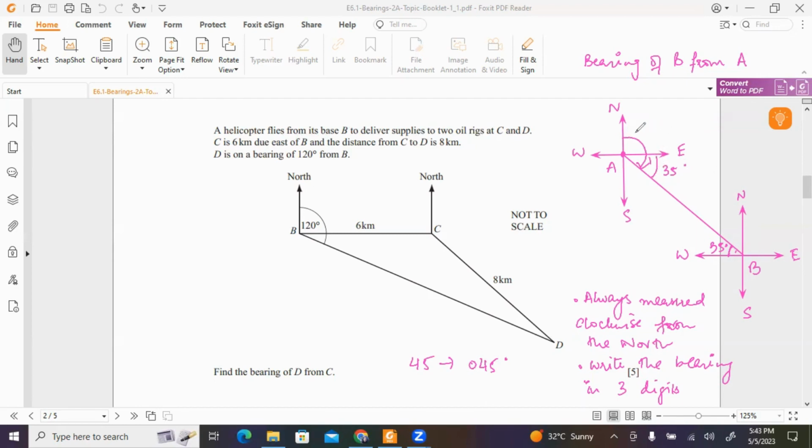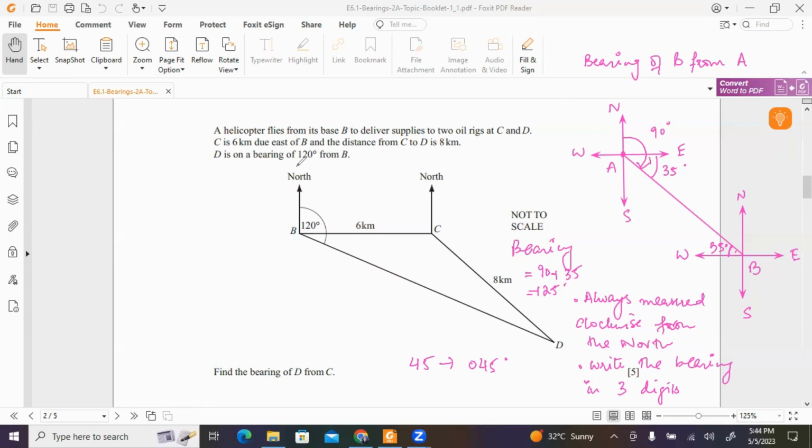And the first quadrant equals 90 degrees. Hence, when you find the bearing for this particular question, it would be 90 plus 35, which is 125 degrees. So that's basically how you find the bearing for any question.